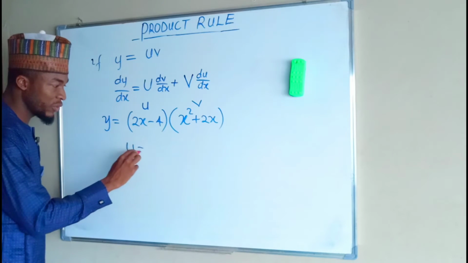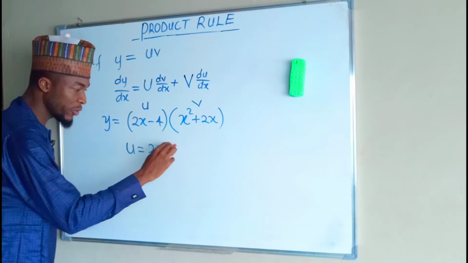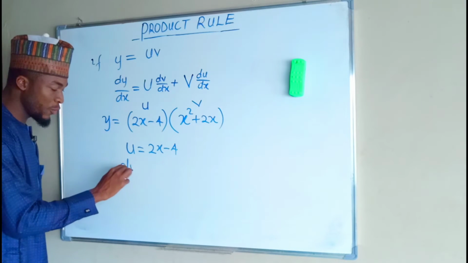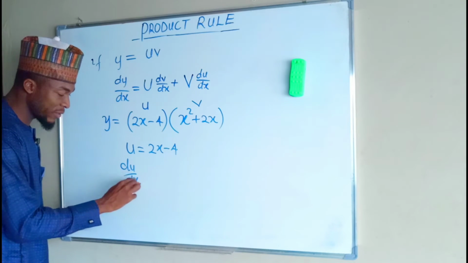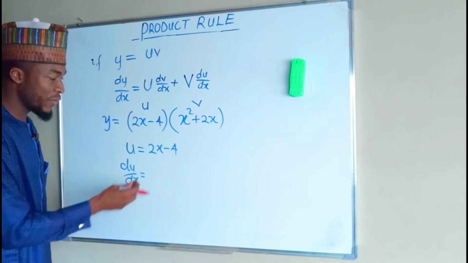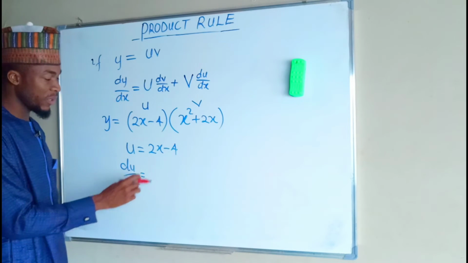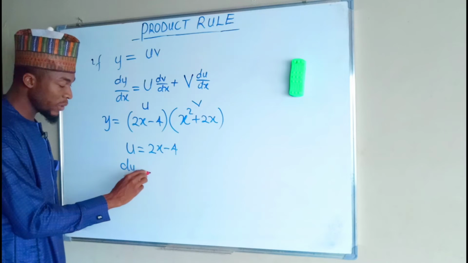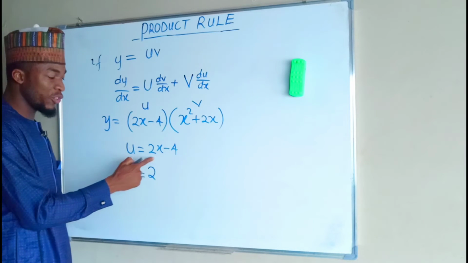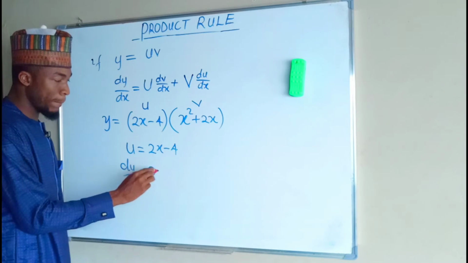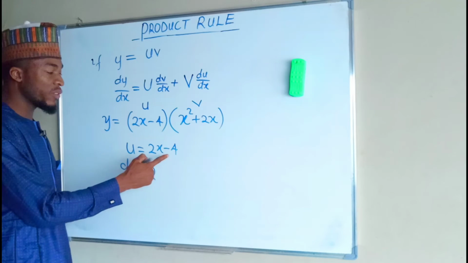If u equals 2x minus 4, then du over dx will be equal to, you differentiate these algebraic terms, starting with the first one, which is 2, minus 0 because the derivative of a constant term is 0.